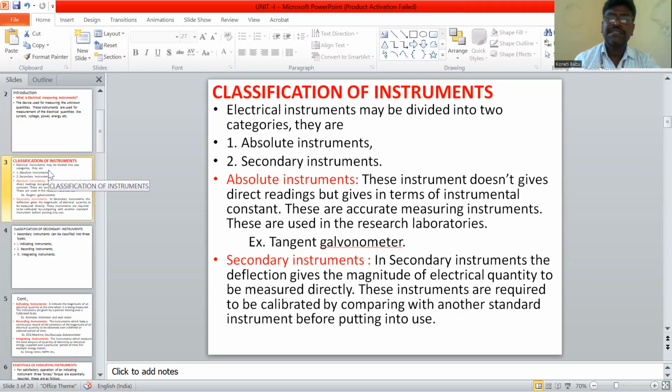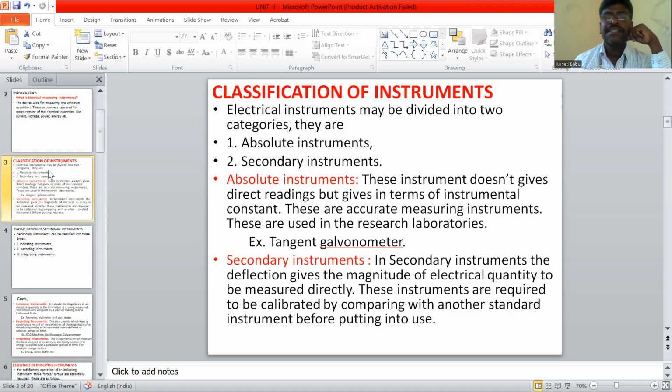Absolute instruments do not give a direct reading and do not depend on the direct deflection of a pointer, but give the value in terms of an instrument constant. These are accurate measuring instruments, used in research laboratories. An example of this type is the tangent galvanometer.